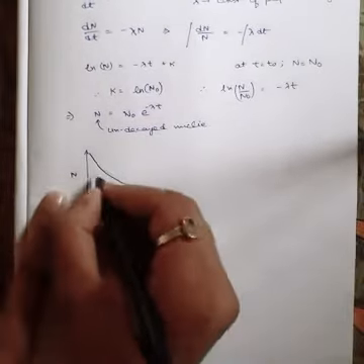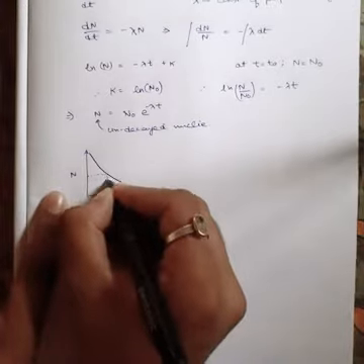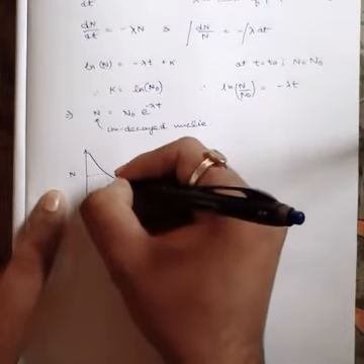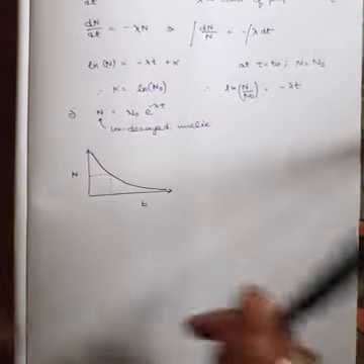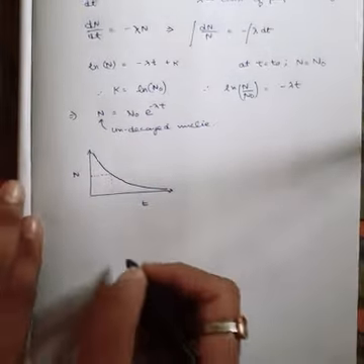And at a certain point of time, the number of nuclei undecayed will be equal to half of the number of nuclei present.